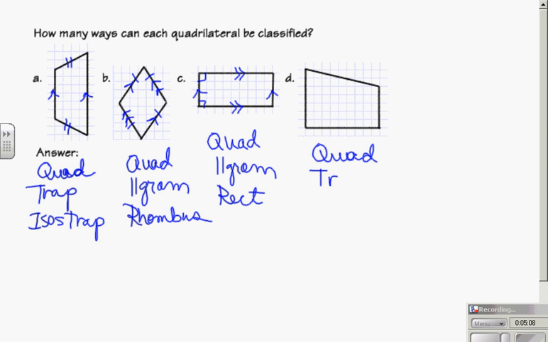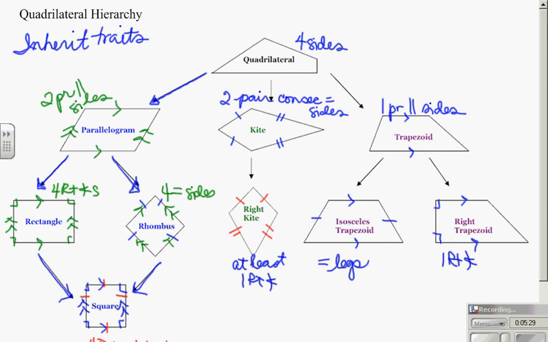Last one is obviously a quadrilateral. Trapezoid with one pair parallel lines. The sides opposite are not equal, but I have a right angle there. And so this is a right trapezoid. Now, if I go back to my picture for a minute, there's a key breakdown.